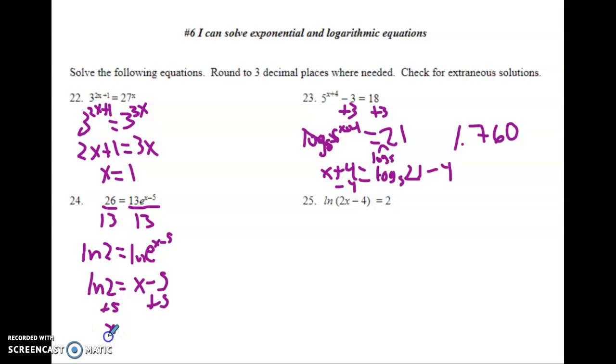And my final answer would then be x equals natural log of 2 plus 5. And when you grab a calculator, you go natural log of 2 plus 5, and the answer is 5.693.